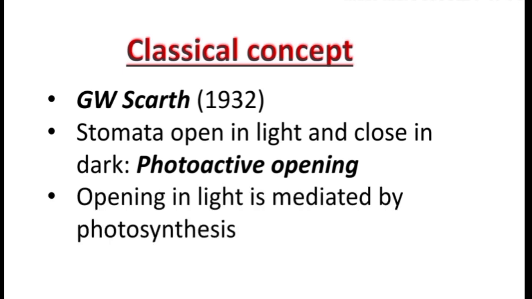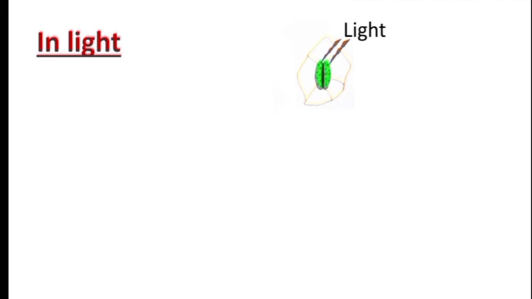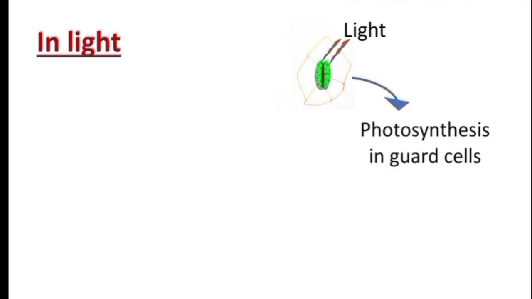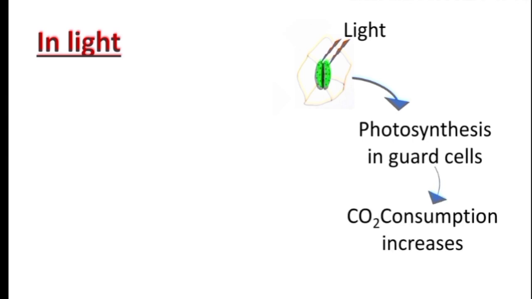We all know that in the presence of sunlight, photosynthesis takes place, and it was proposed that light mediates through photosynthesis in the opening of stomata. So what happens? As the light falls on the guard cells, they contain chlorophyll, and therefore photosynthesis begins. As photosynthesis starts in the guard cell, CO2 is consumed. Therefore, the level of CO2 in the guard cells and their surrounding region decreases.